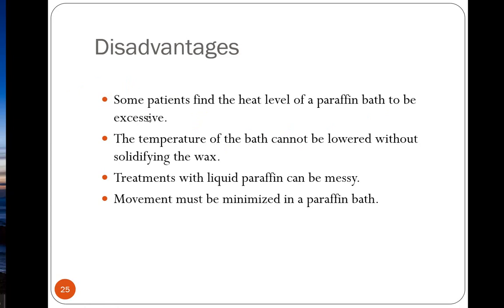It's about 125 to 127 degrees Fahrenheit, and some people might feel that it's too hot. Temperatures of the bath cannot be lowered without solidifying the wax, and that is a disadvantage. Unlike regular hot packs, where you can add a towel, in this case you can't. If you bring the temperature down, the wax will start getting cold.